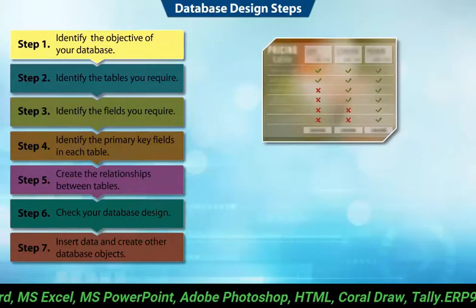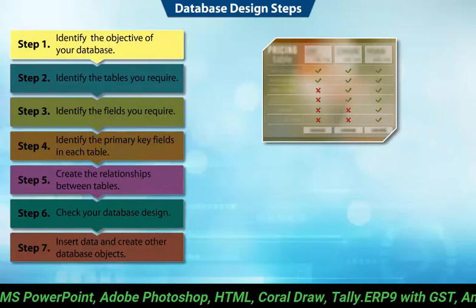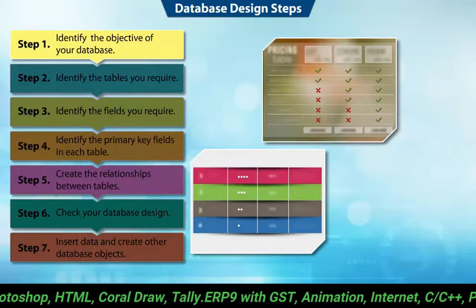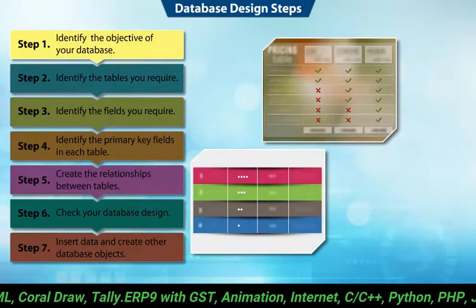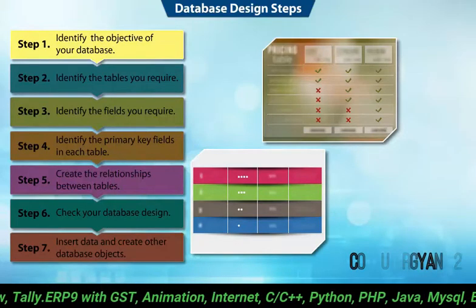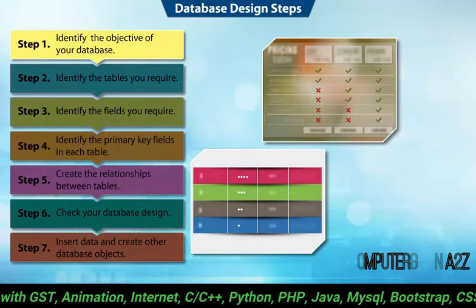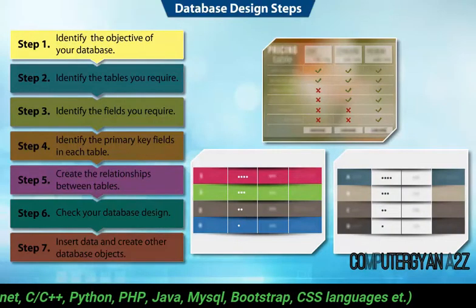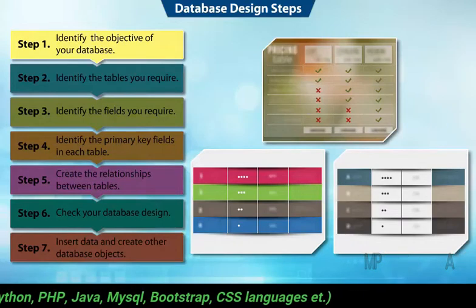You also need to determine the type of information you need to store, as these would form your tables, and the actual information you would store, as these would form the fields within your tables. We will look at tables and fields in greater detail over the next 2 steps.